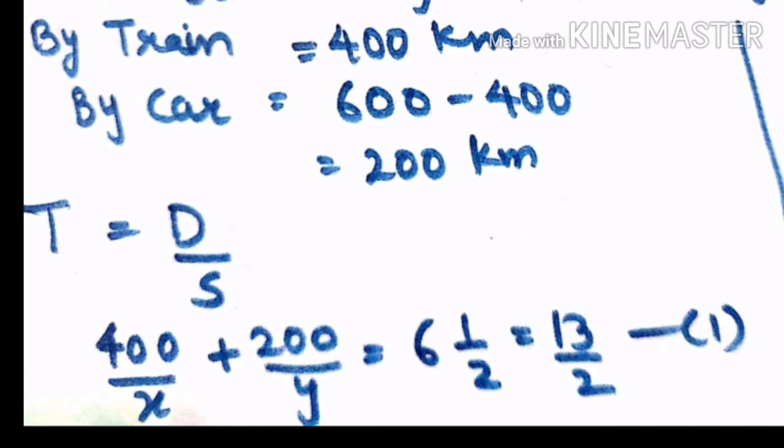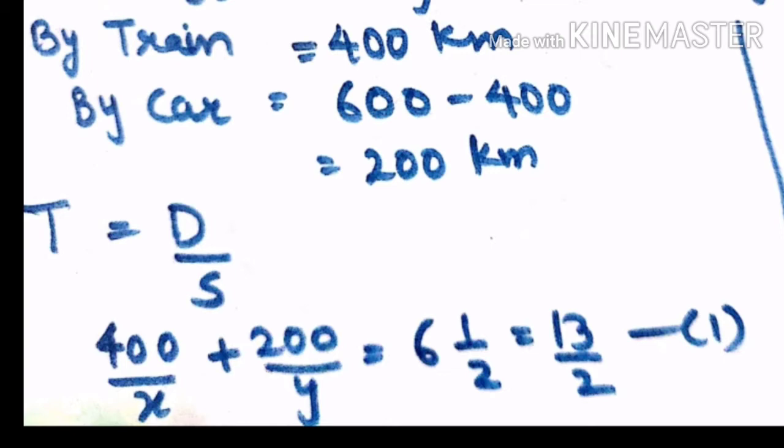Because here I am given time, I am using the time formula. Distance covered by train is 400 and the speed we have chosen for the train is x, plus 200 by y, that is the distance by car 200 km and the speed by car is y.